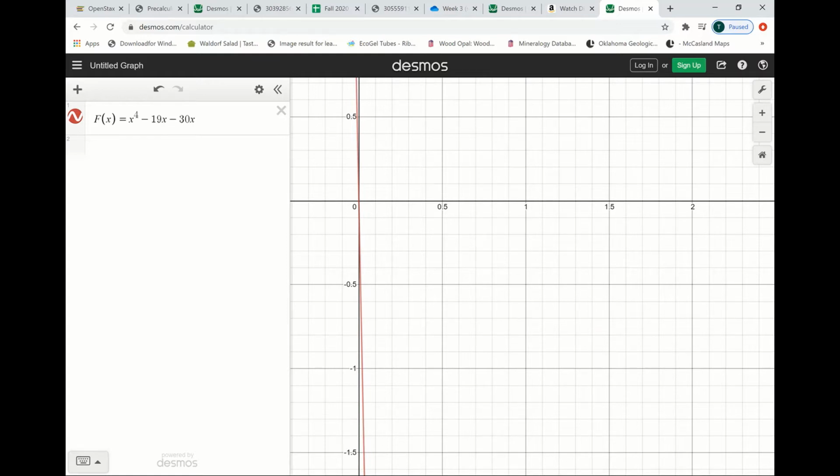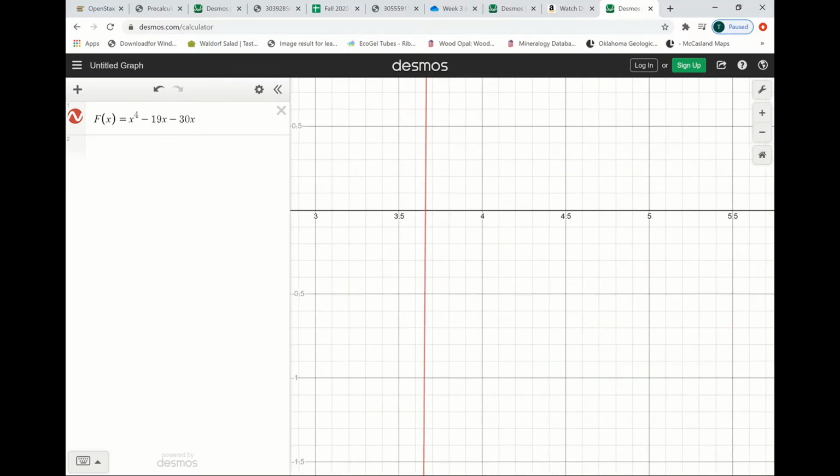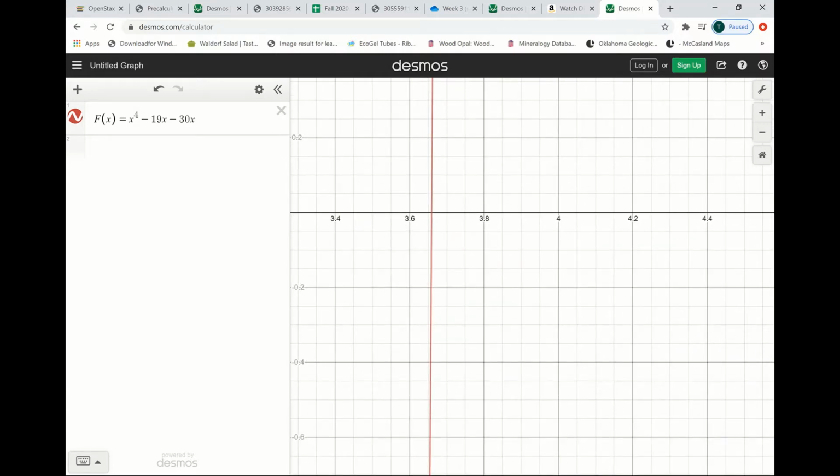Now it looks like one of our factors is x equals 0, and that happens to be the y-intercept also, because notice that there's an x in every term, so when x equals 0, y equals 0. And then also, yes, this one looks like it would have been very difficult to find. So this one has a root somewhere between 3.6 and 3.8.